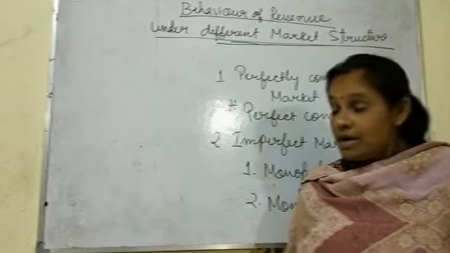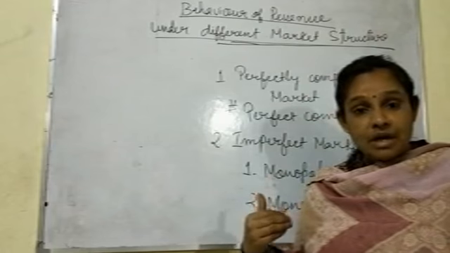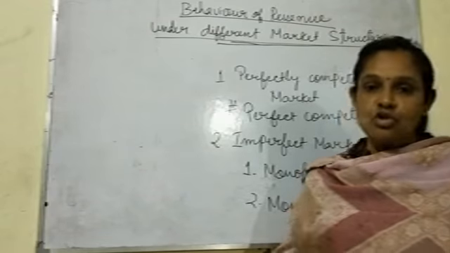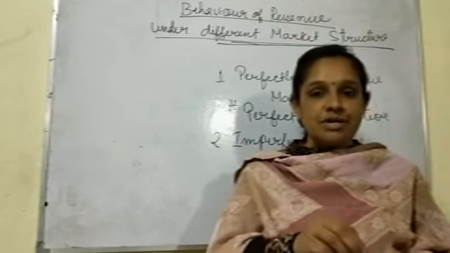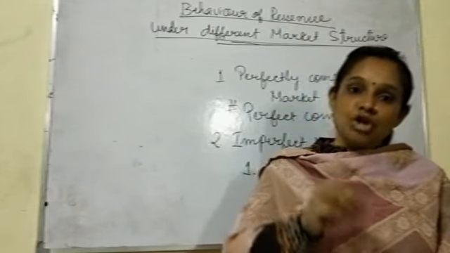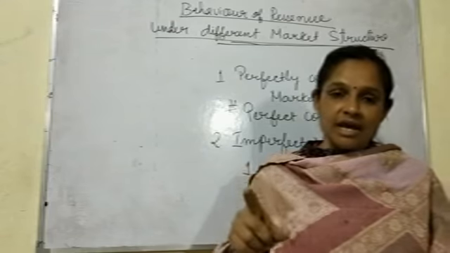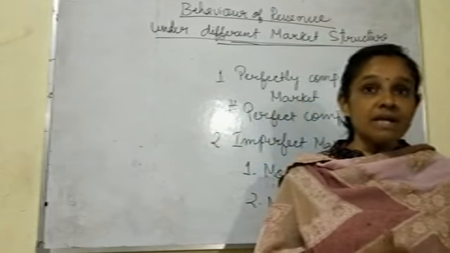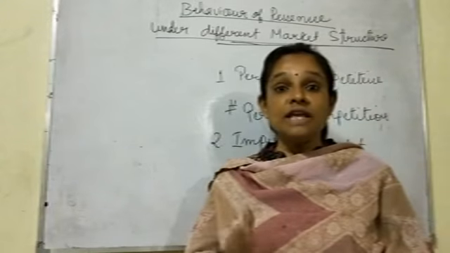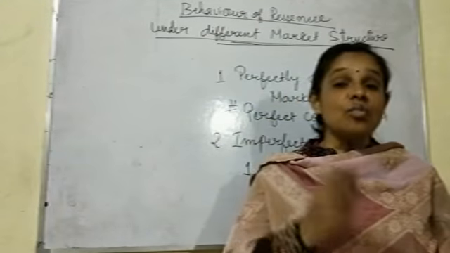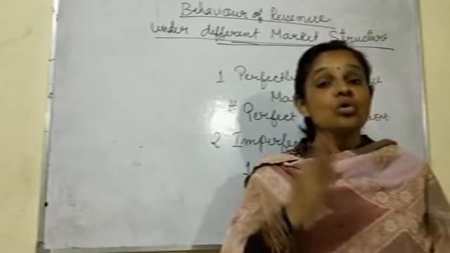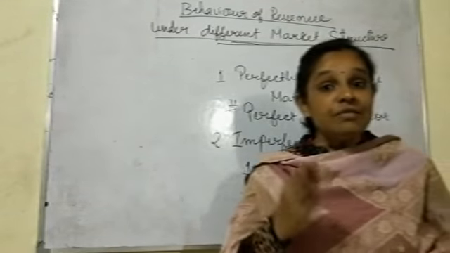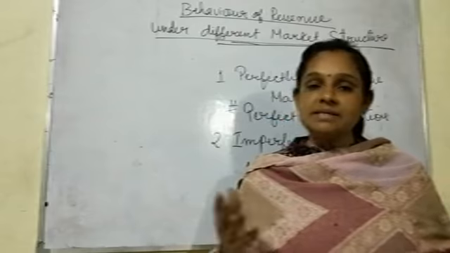So under a monopoly market, a commodity is sold which has no close substitute. The commodity which the monopoly producer or seller is selling in the monopoly market has no substitute available. So what do you mean by monopoly market? A market where there exists only one seller who is selling a commodity which has no close substitute available in the market. Means the commodity which he is selling, no one else is selling.